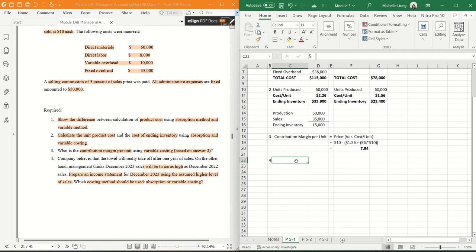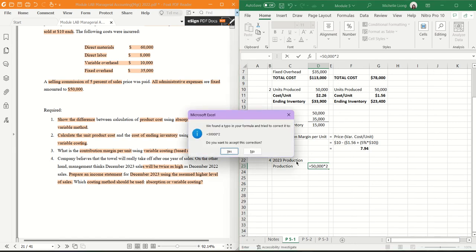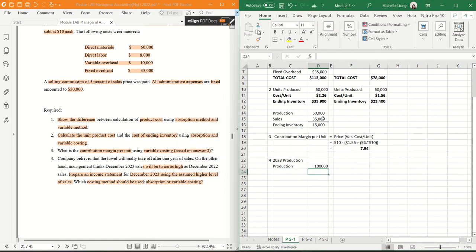So to predict the 2023 production, the first one is production. They said twice, right? So 50K times 2. Paste this.